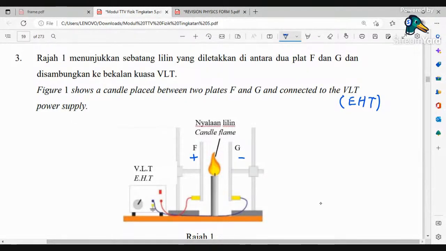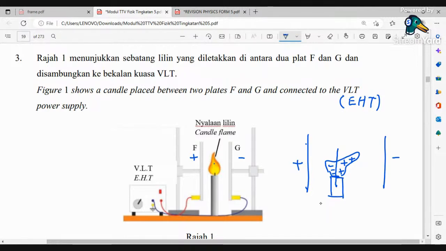So when this happens, the positive one will be attracted more to negative. It will produce a non-symmetrical flame, meaning not symmetry. A large portion will be attracted to negative and a small portion will be attracted to positive.